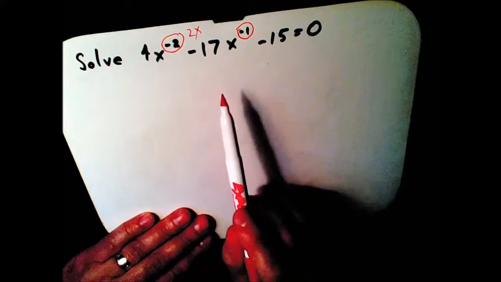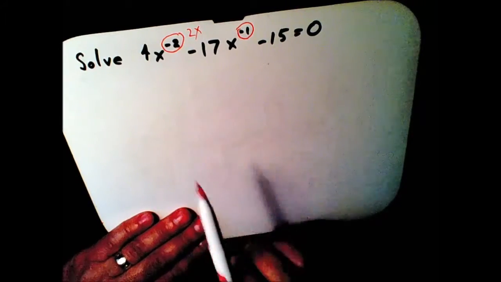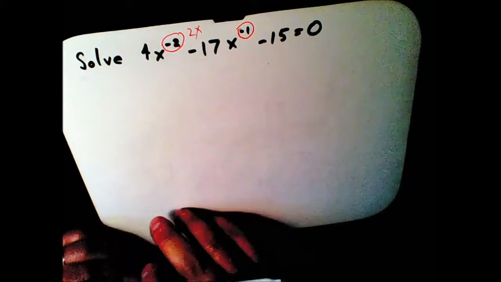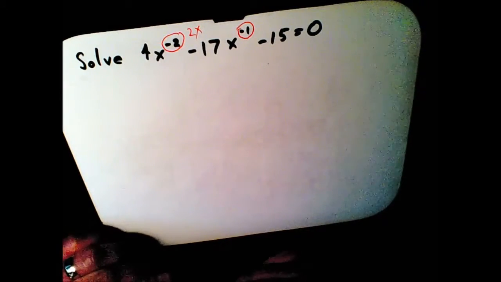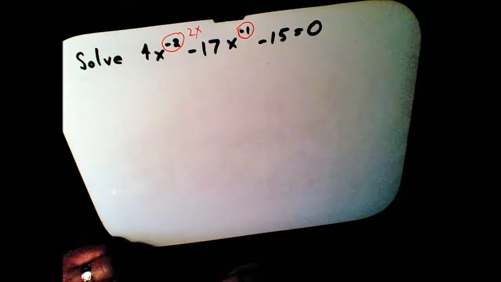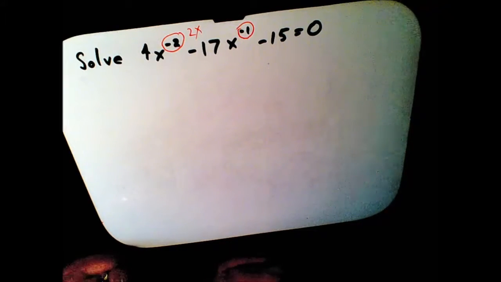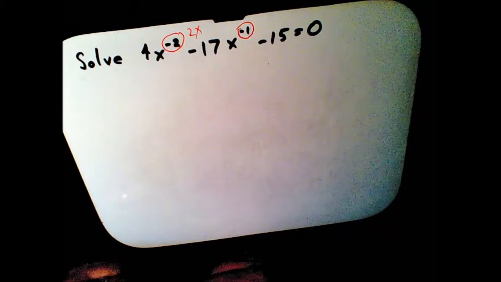And we've got a constant, and so that shows that this equation is of quadratic form. So if we can make an appropriate substitution, then we'll be able to solve it just using regular quadratic methods, either factoring or quadratic formula.